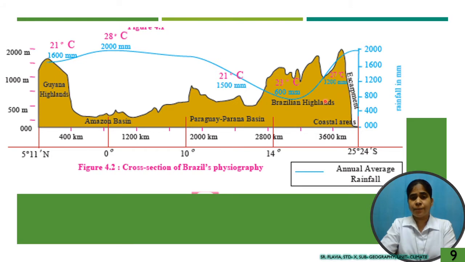But still further, in Paraguay Parana Basin, the rainfall increases again. And in Amazon Basin, because of the lower altitude, the rainfall is still greater. As you go further in Guyana Highlands, the rainfall will be less, because of the higher altitude.